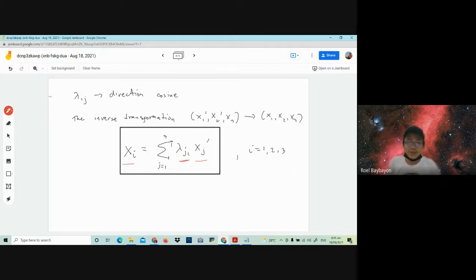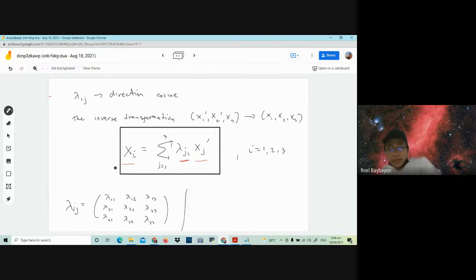Take note, lambda ij is equal to lambda 11, lambda 12, lambda 13, lambda 21, lambda 22, lambda 23, lambda 31, 32, and 33.